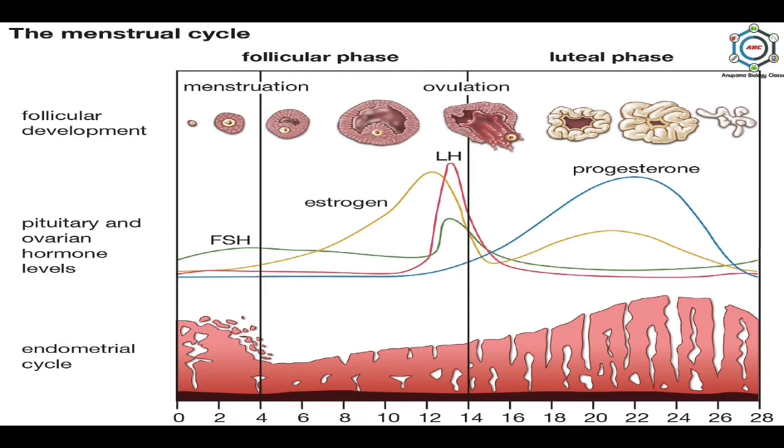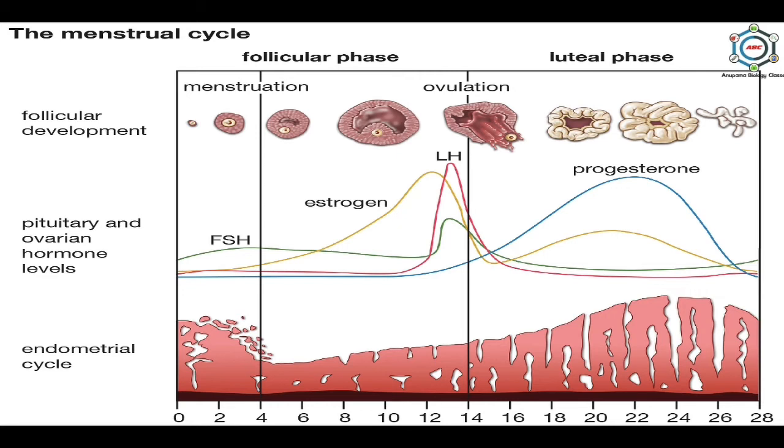After this, the follicular phase, which is from day 6 to 13. Here, the follicle grows, FSH and estrogen secretions increase, and the endometrium starts rebuilding. Next is the ovulatory phase, on the 14th day, where the LH and FSH secretion from the anterior pituitary attains a peak level and the concentration of estrogen in the blood is also high, and ovulation occurs.